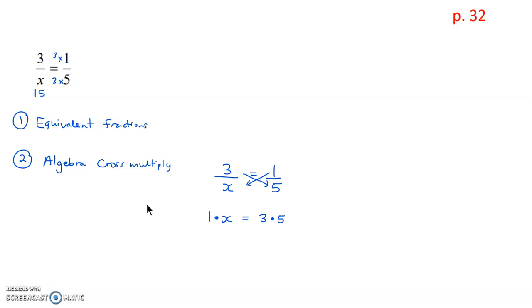Okay, so 1 times x is 1x is equal to 3 times 5 is 15. Well, 1 times x is the same thing as x. So technically we could divide 1 divided by 1 and 15 divided by 1 to cancel. But we don't actually even have to because 1 times x is just x. But it's good practice. So x is equal to 15.